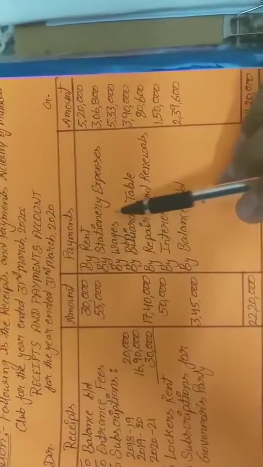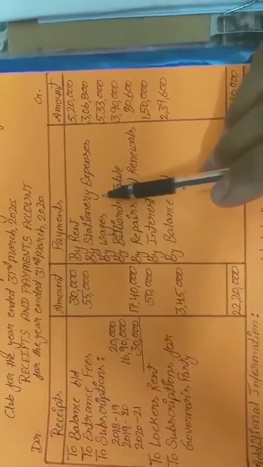So now the first one, this is the stationery expenses. This adjustment is related to stationery. Stationery is given on the payment side, so it will be an expenditure.